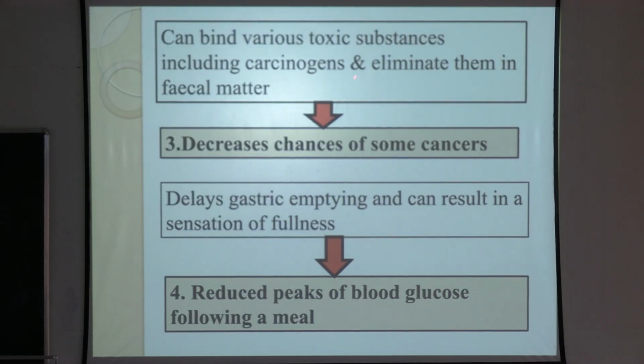It can also bind various toxic substances and eliminate them in the stool, thus decreasing chances of cancer, and also it delays gastric emptying. What is gastric emptying? It is different from peristalsis. Gastric emptying is emptying of stomach. Okay, so the more dietary fiber there is in our food, the easier satiety is achieved.